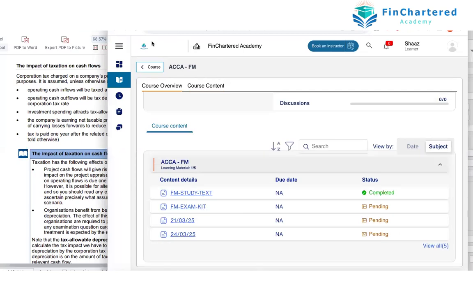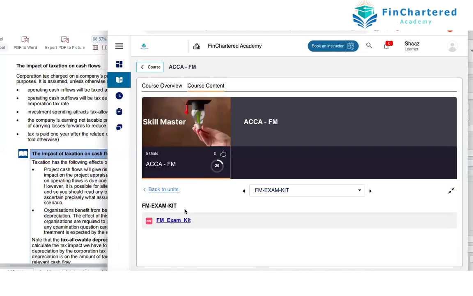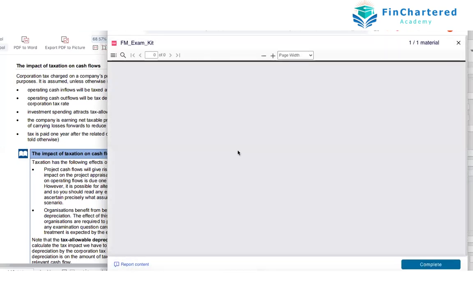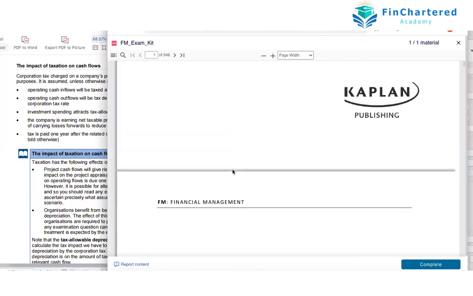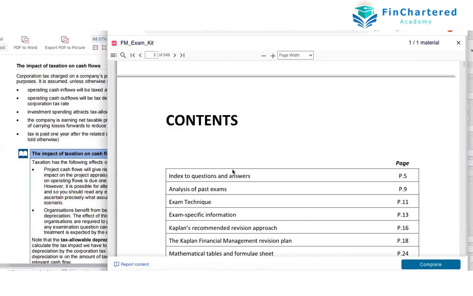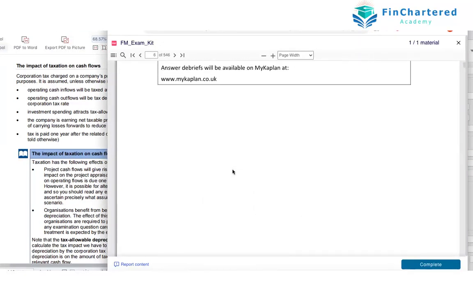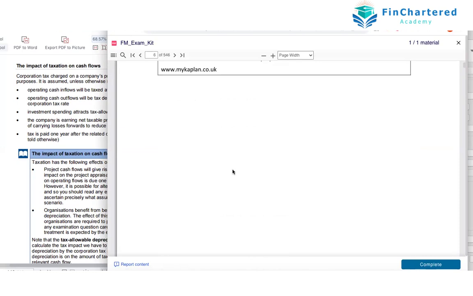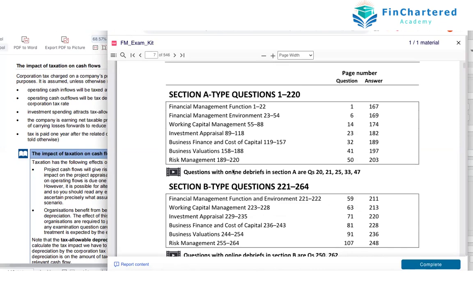You will have the exam kit. So you have your exam kit also. We cannot speed up as of now. Can we speak to Gokul and kind of increase the speed? Yeah, we'll do it.